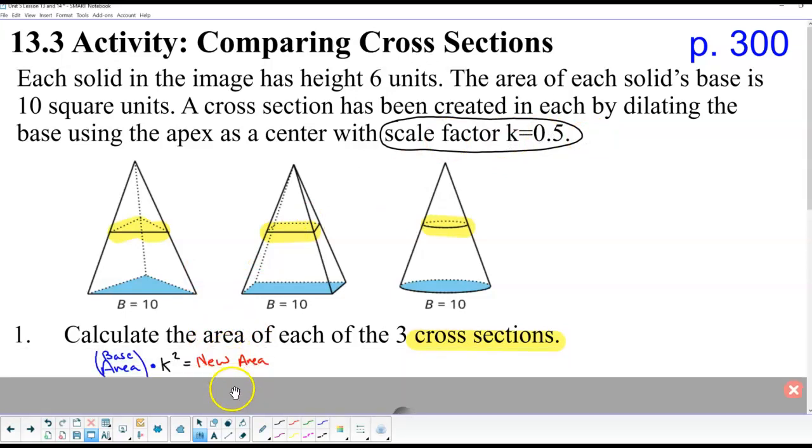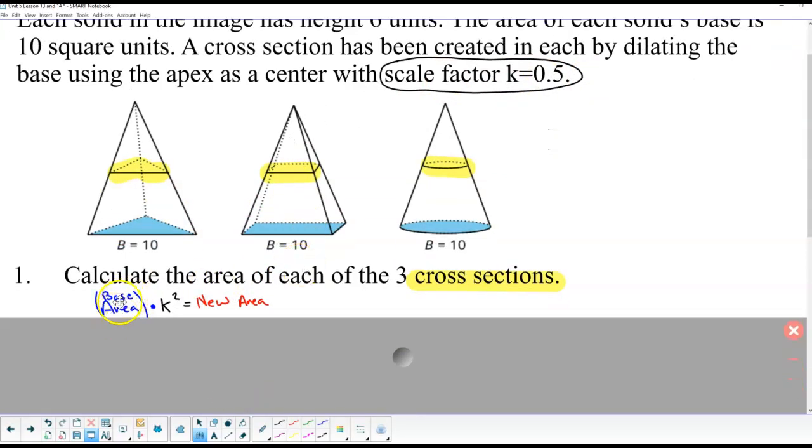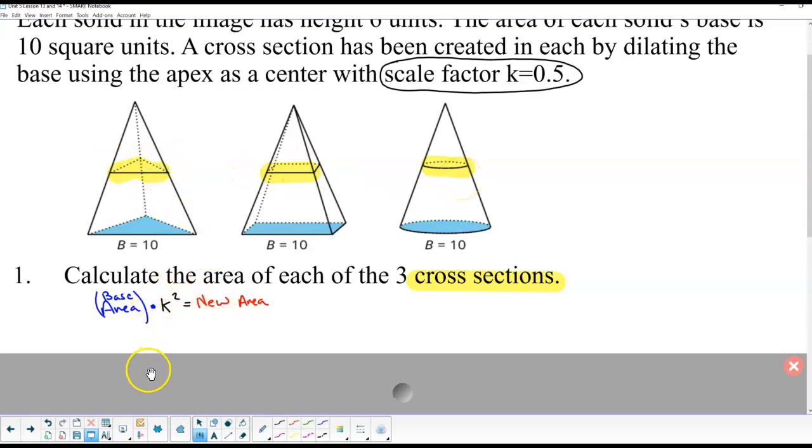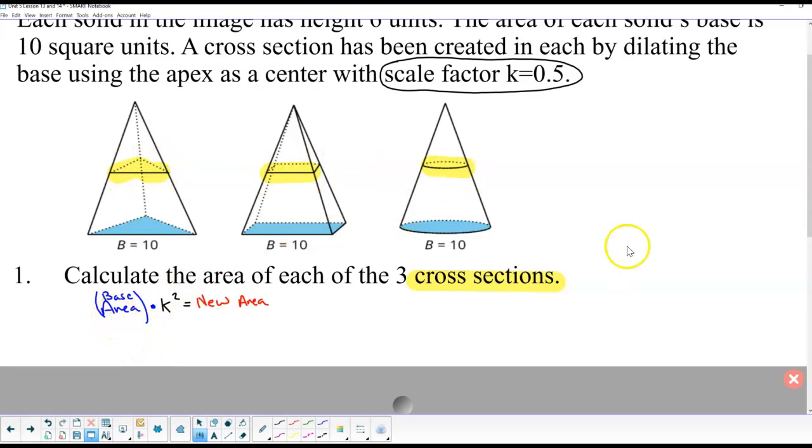Going back to what we've learned in previous units, we know that the area of the base times the scale factor squared will give us the new area of the dilated cross section. So I'm going to take the fact that I know the base area is 10. They gave us that.